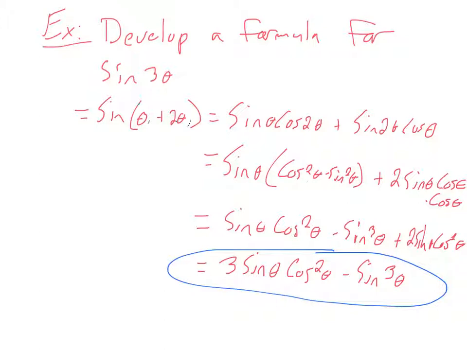And so there are some other ways that we can use the double angle formulas that are going to be really helpful. The double angle formulas are good for breaking double angles down into single angles, right? If we have sine 2 theta or cosine 2 theta and we want to express that in terms of just a single theta, that's one use they have.